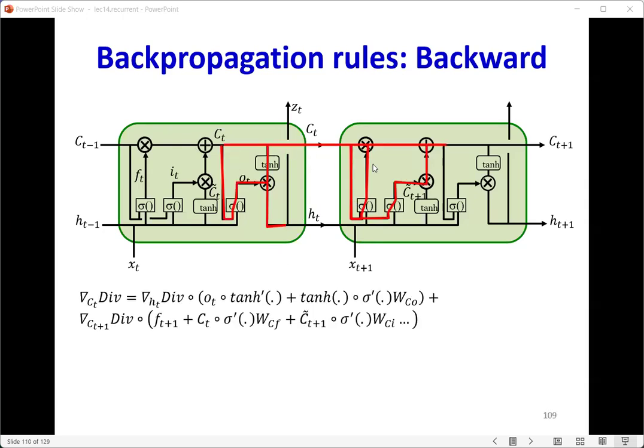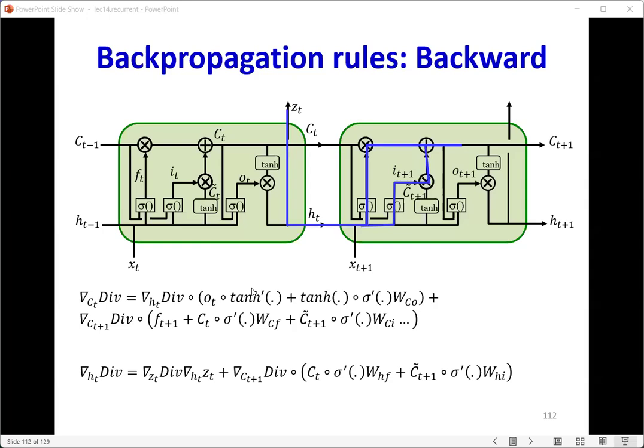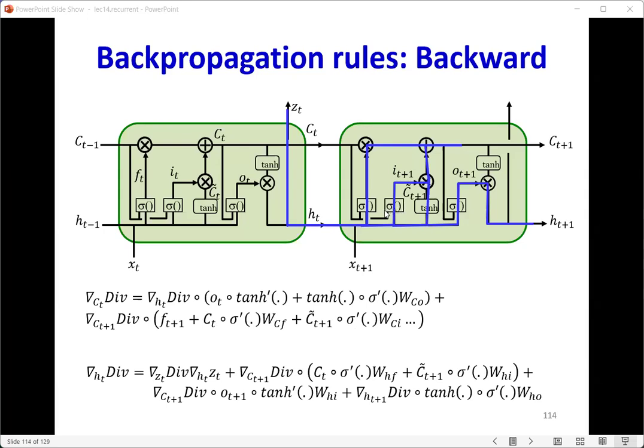If you try to do any kind of analysis using the influence diagrams we drew earlier, you're going to find this gets very, very complicated very quickly. Similarly, let's see how H_t influences the divergence through this line, through this line, through this line, through this line, right? And it gets very complex very quickly. So clearly, trying to write out the math for this is going to be quite hard.